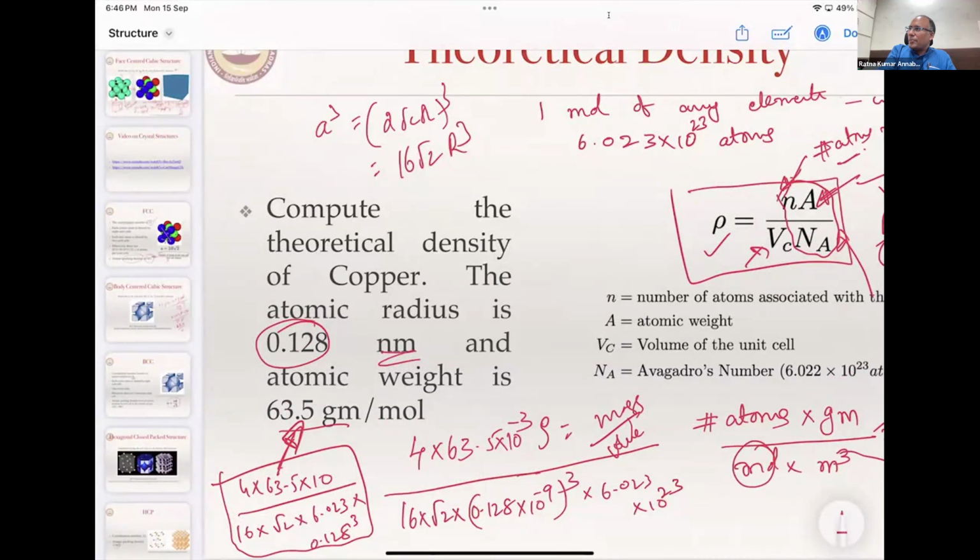So kg per meter cube or gram per cc, that is the standard, no? Then 17.35 kg per meter cube.